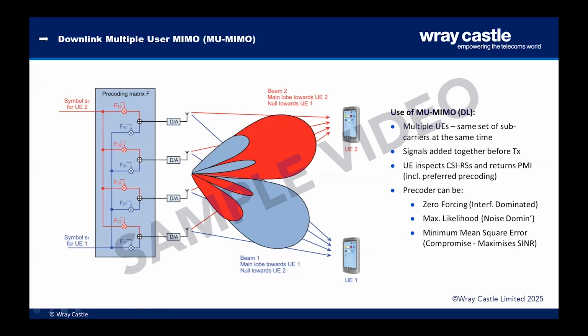I'm looking at the downlink, and let us focus first of all upon the blue lines, which are pointing towards mobile number 1 at the bottom right. Looking at the blue lines alone, this is simply digital beamforming. We've got a base station with 4 antennas, each with a D2A converter.